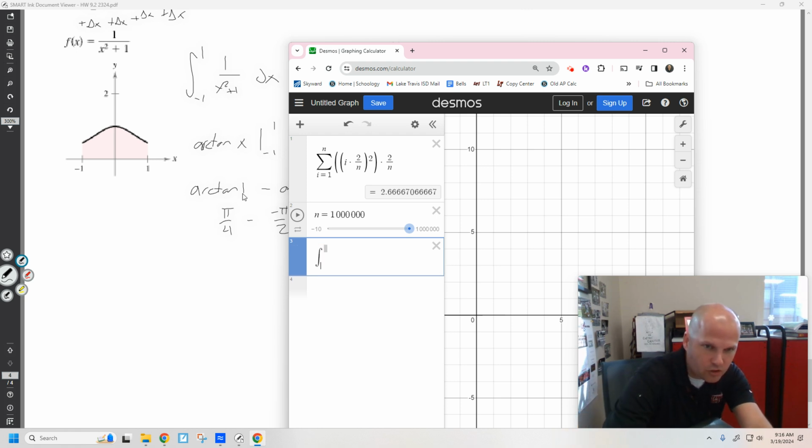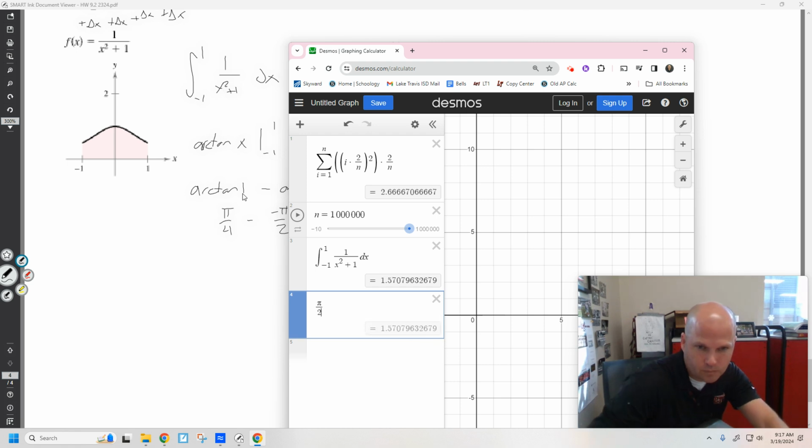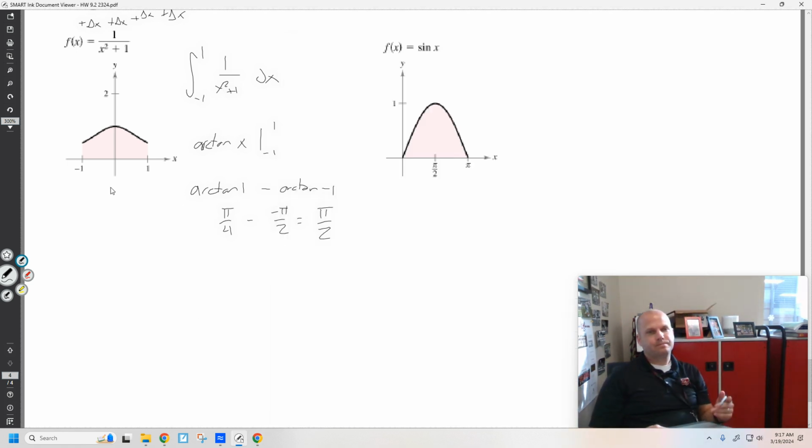Watch. Integral from -1 to 1. I don't expect you to know this, so don't stress out if you're like, how did you get arctangent of 1 is pi over 4? Well, if you took AP pre-calculus, you would know that. Cool. But behind the scenes calculator addition, sum of my y's times my delta x's. My delta x's are still 2 over n because this base length is 2.